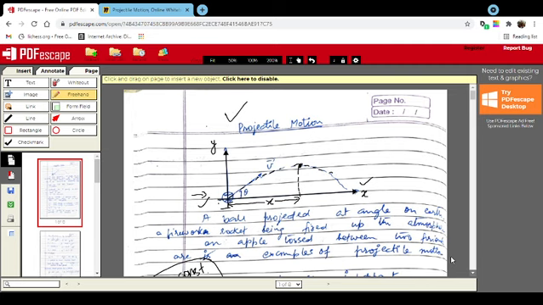When the body has completed the whole motion, it comes down somewhere here, and this distance from the start of the motion to the end of the motion is what we have defined as the range of the motion. Since this is the range of the body, we can calculate it.